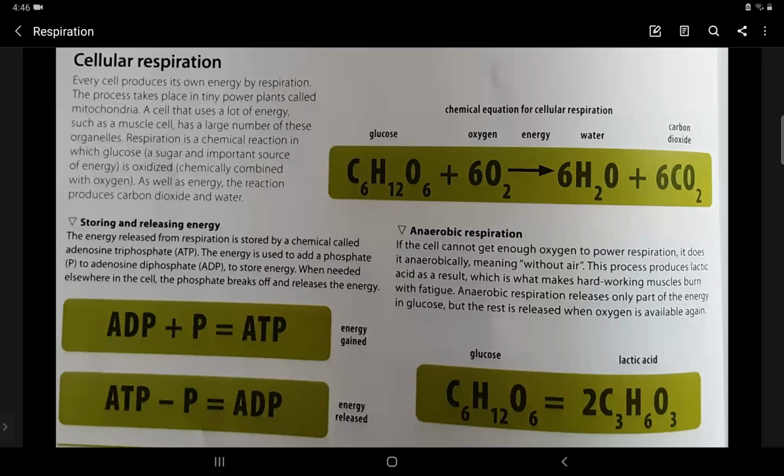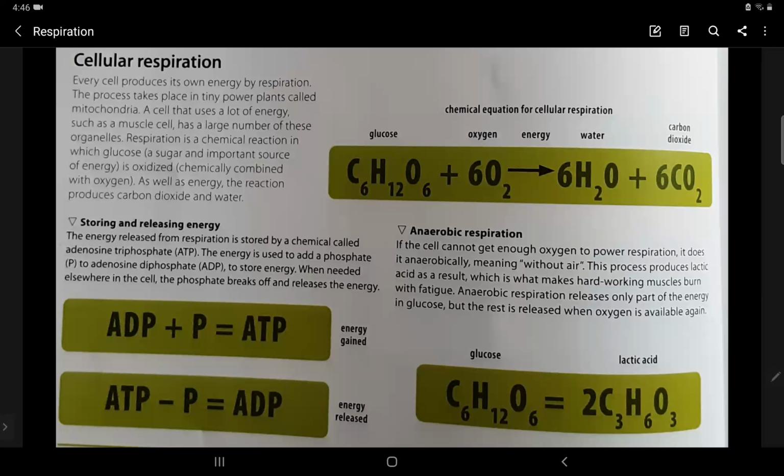Energy released. Anaerobic respiration. If the cell cannot get enough oxygen to power respiration, it does it anaerobically, meaning without air. This process produces lactic acid as a result, which is what makes hard-working muscles burn with fatigue.